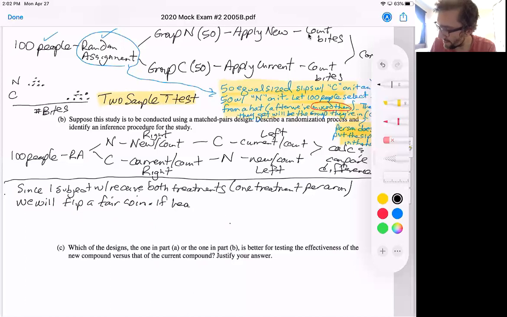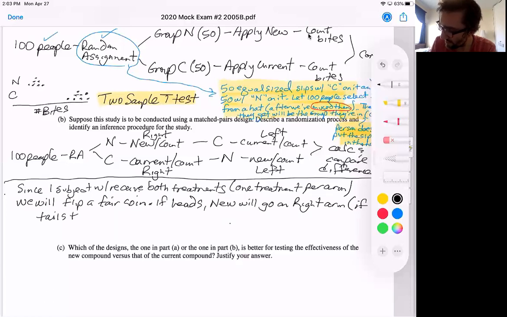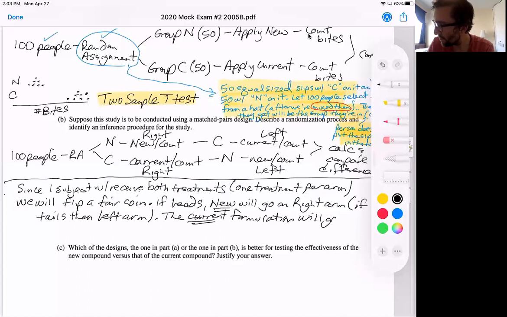If heads, the new will go on right arm. If tails, then left arm. The other treatment, or the current, I should say, the current formulation will go on the other arm.